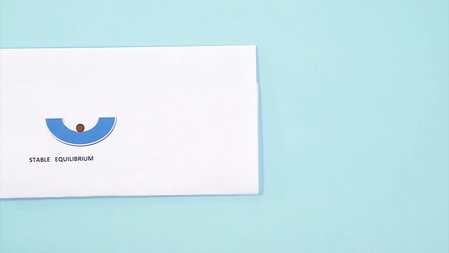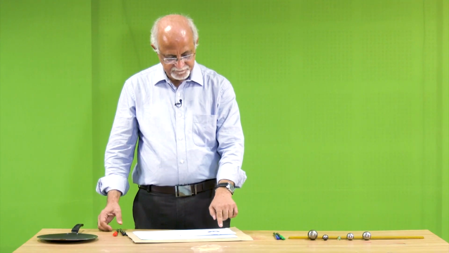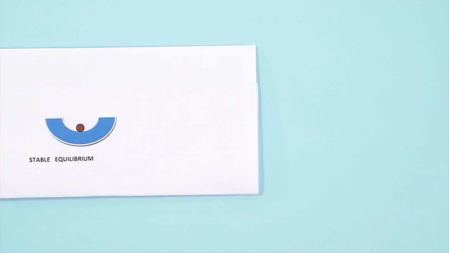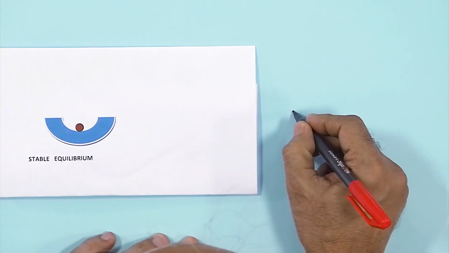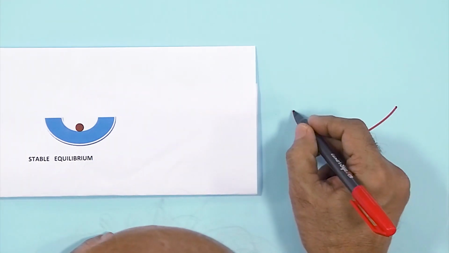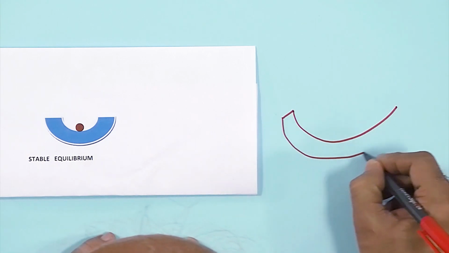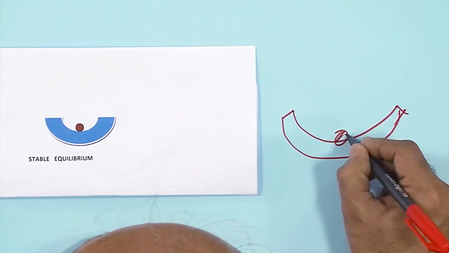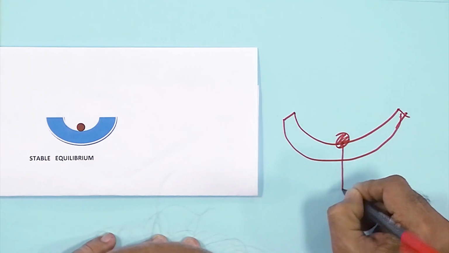For stable equilibrium, you can see this ball is residing at the center of the concave surface when it has not been disturbed. In this equilibrium position, the forces acting on this body can be shown like this, and we can see why it is in equilibrium.